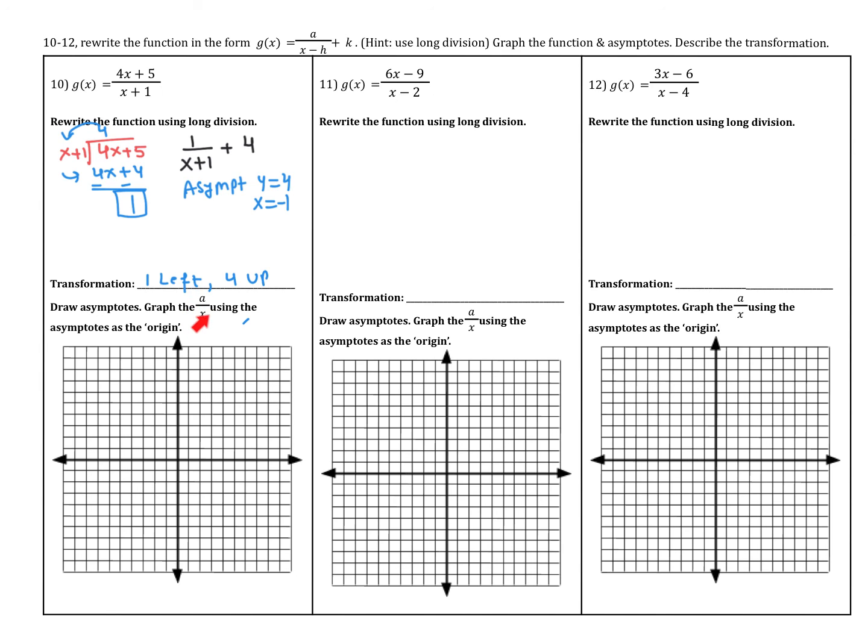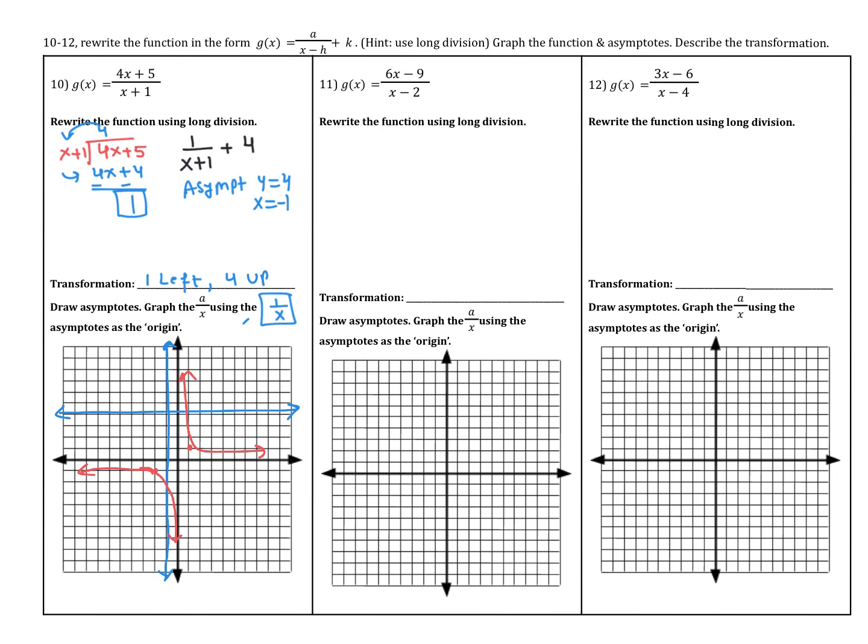You make a graph of the parent function. The parent function was 1 over x, and then move the graph of the parent function 1 unit left and 4 units up. For the parent function 1 over x, you always get the points 1, 1 and -1, 1, and get the graph like this.